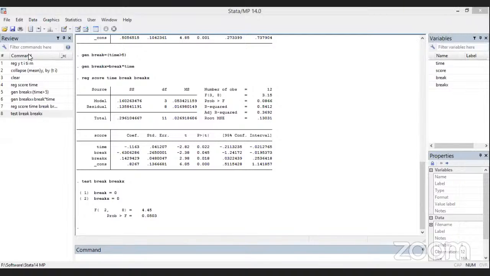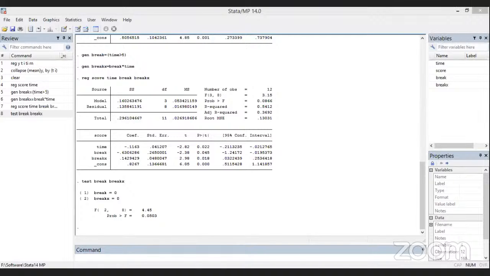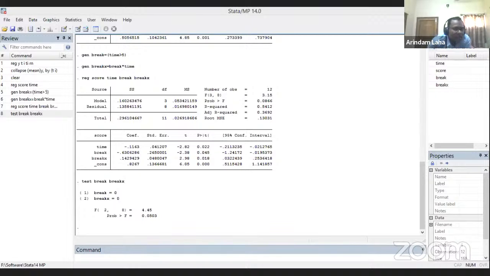Okay. Now, where is it? So what is now visible to you? Is it Stata or the PPT? Stata. And where is my PPT? Stop saving. Where is it?